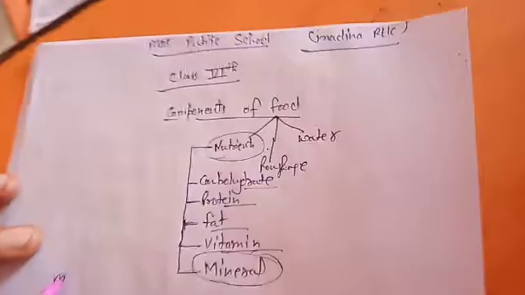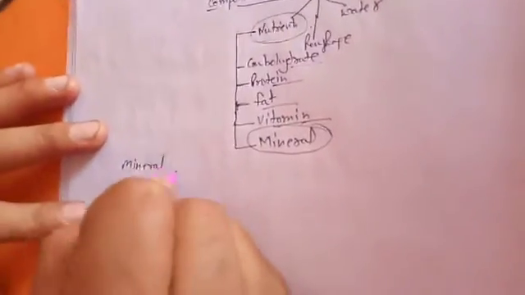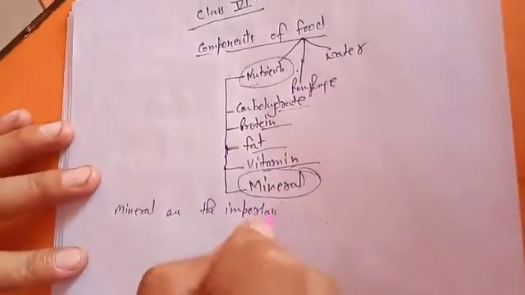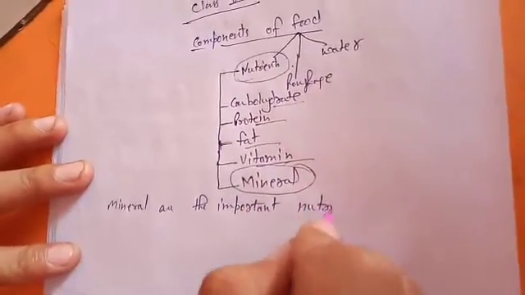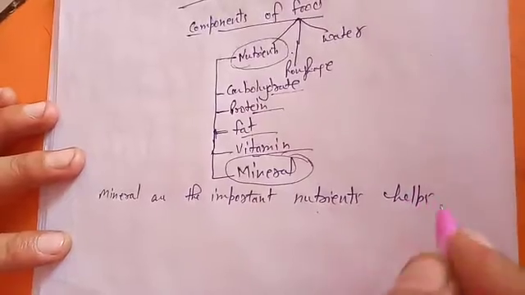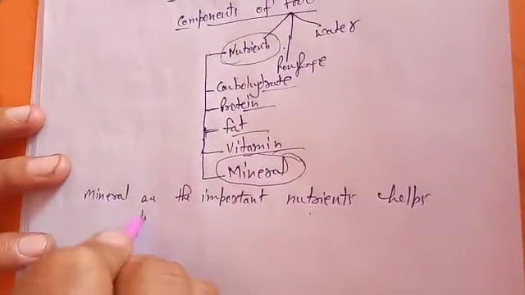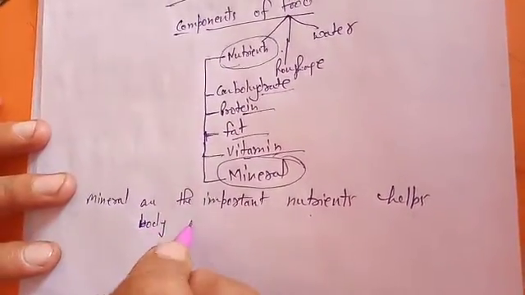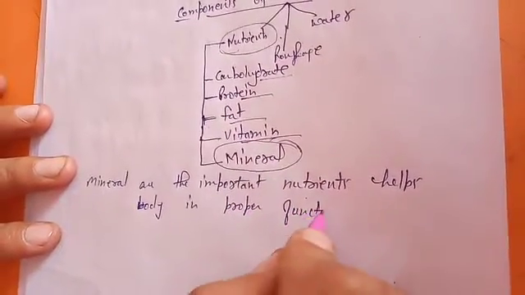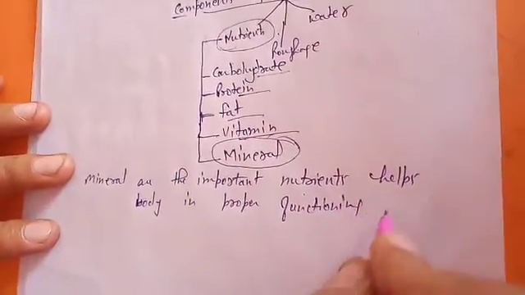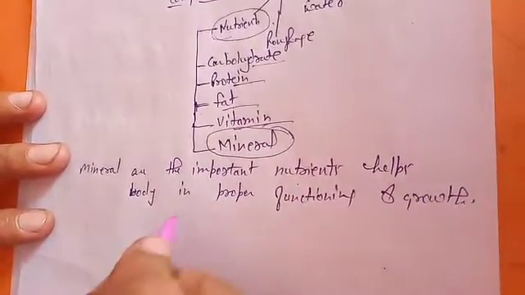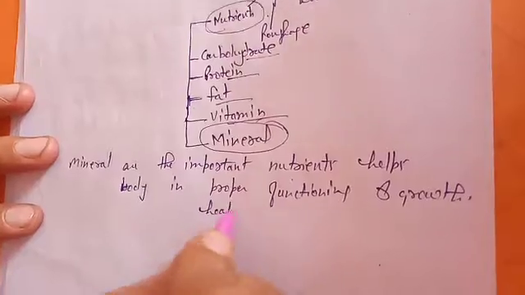So what do you mean by mineral? Minerals are one of the important nutrients. They help the body in proper functioning and growth, and you can say health as well, to maintain health.